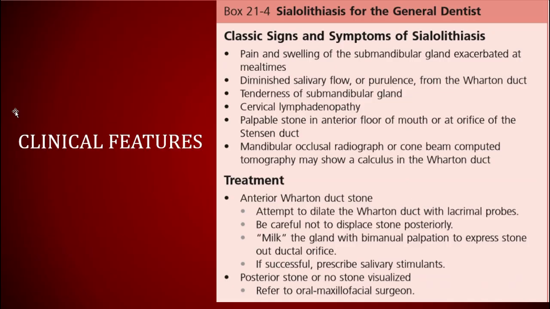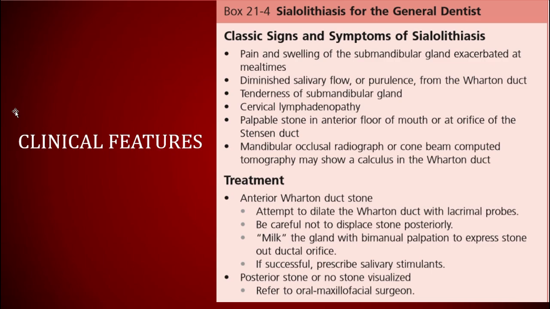So, the classic signs and symptoms: pain and swelling, diminished salivary flow, lymphadenopathy, mainly on meal times. Treatment: usually we will apply pressure to push the stone and to push any accumulated saliva inside.